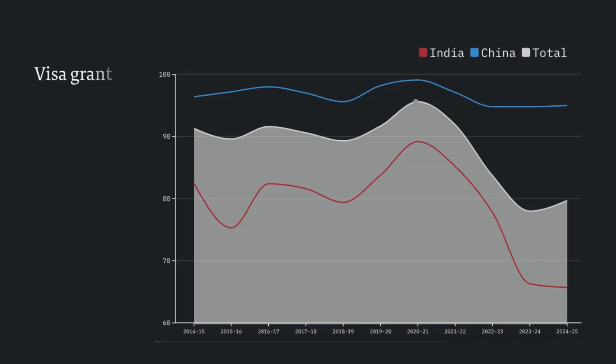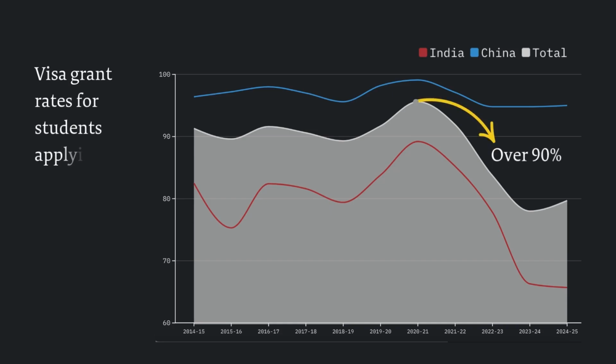Let's dive deeper. The data shows that students from certain countries, especially India, have been hit much harder than others like China. Before the pandemic, the visa grant rate for all students applying to higher education and vocational courses was over 90%.